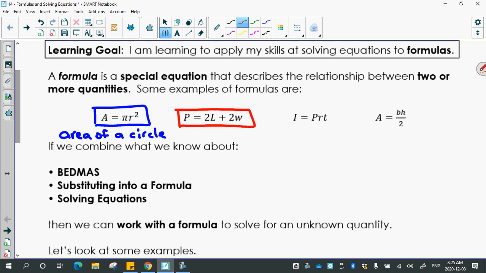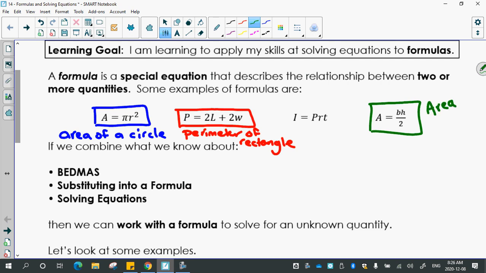P, what can P stand for? Perimeter. P equals 2 times the length plus 2 times the width. That's for perimeter of a rectangle. I'm going to skip this one for a second. Area equals base times height divided by 2. That one's area of a triangle.